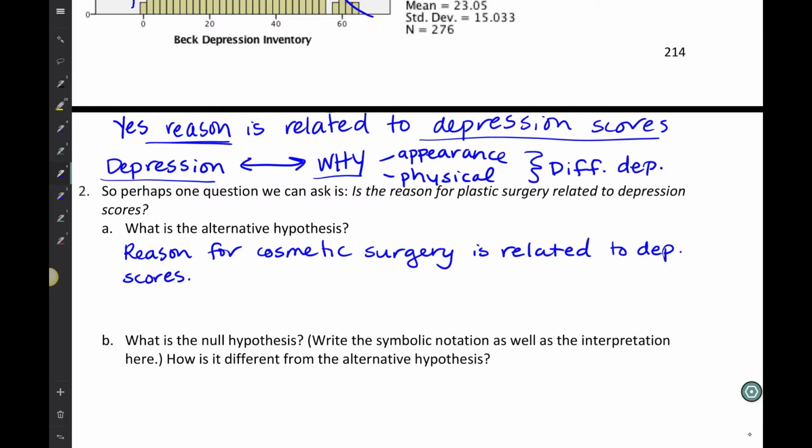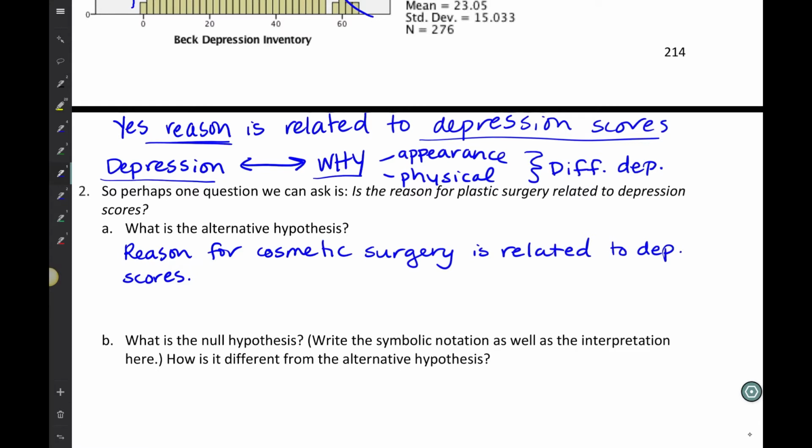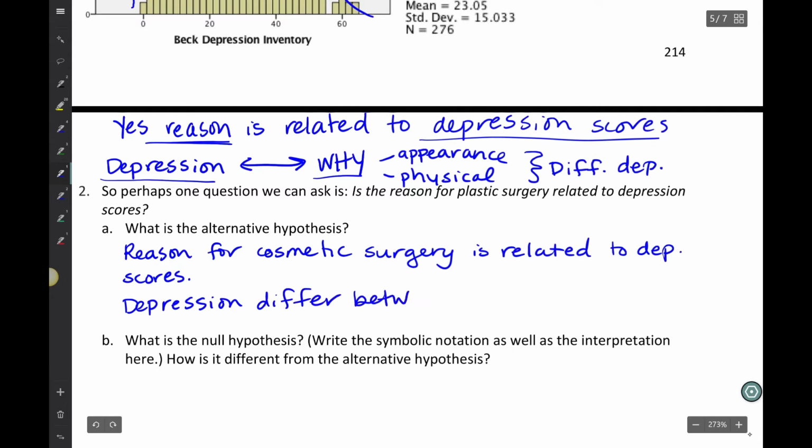Or in other words, we could say that we expect to see depression scores that differ between the people who did it for appearance reasons and those who did it for physical reasons.